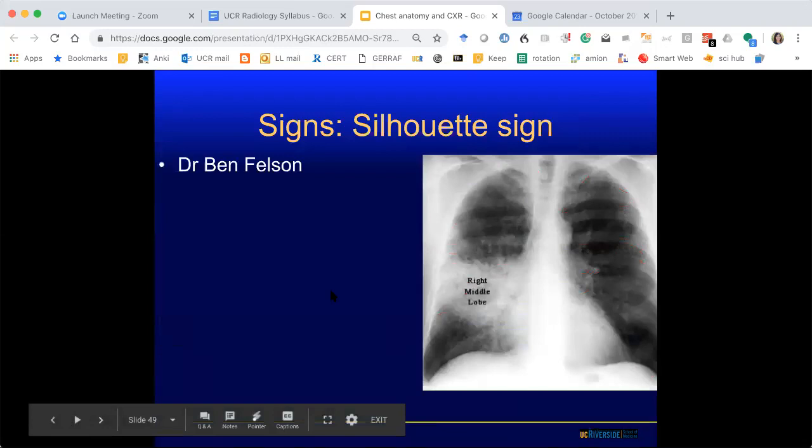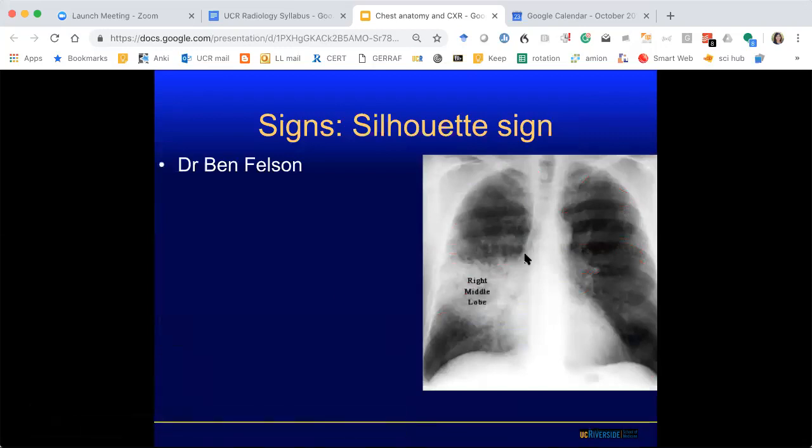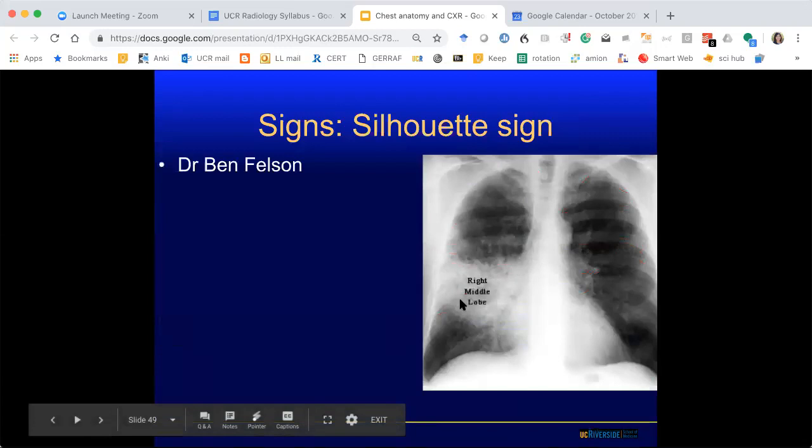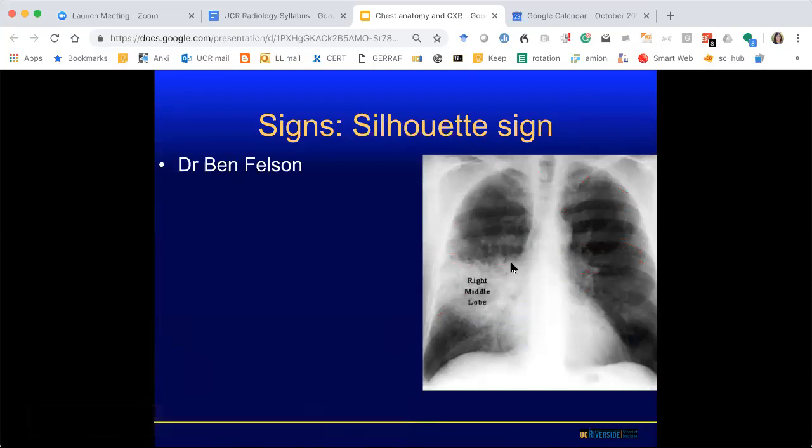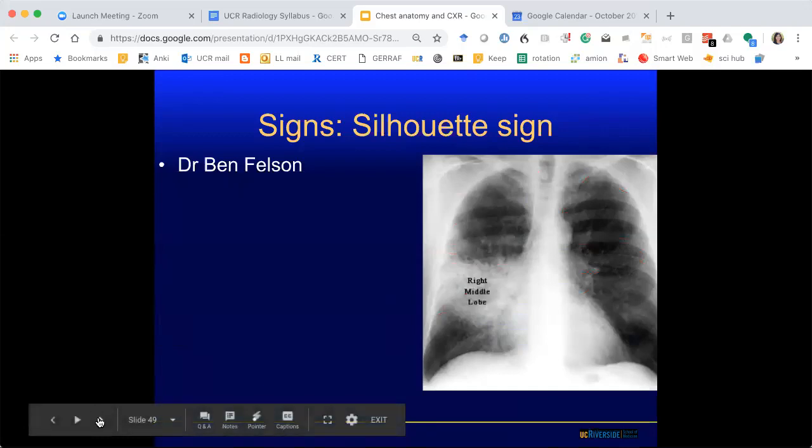So here, this is the silhouette sign, and it was founded by Dr. Felson. We know here the infiltrate, for example, is in the right middle lobe. Why? Why do we know this is in the right middle lobe? Clear borders.